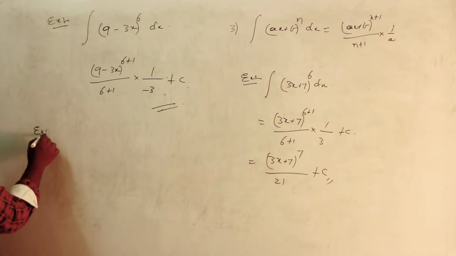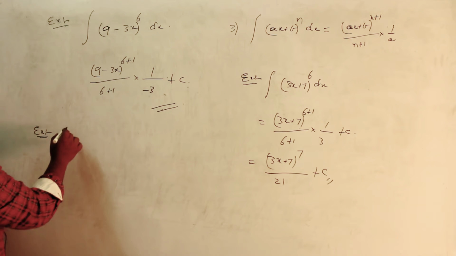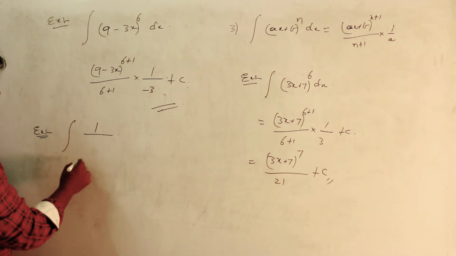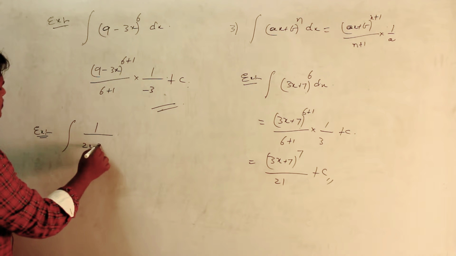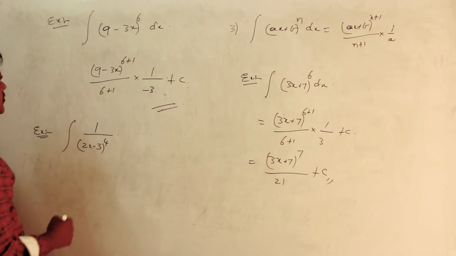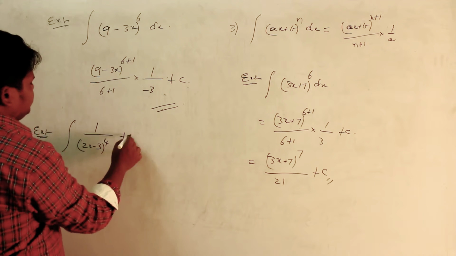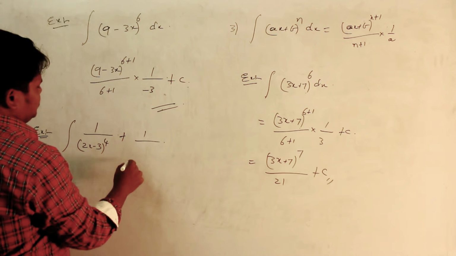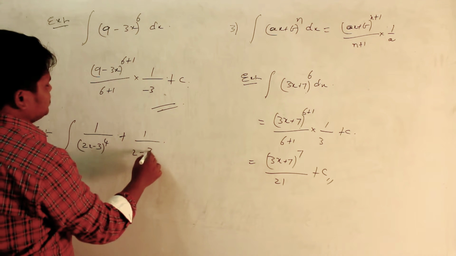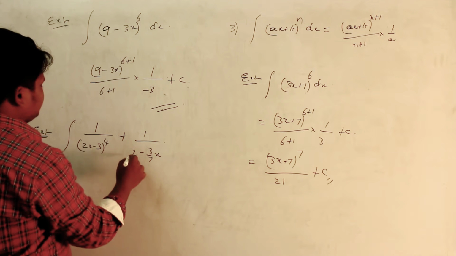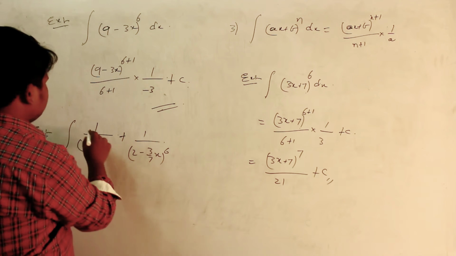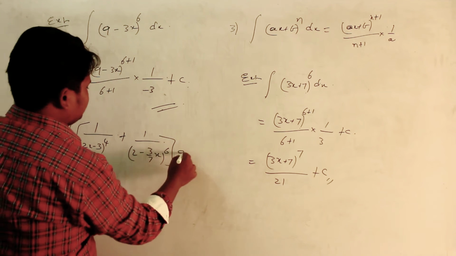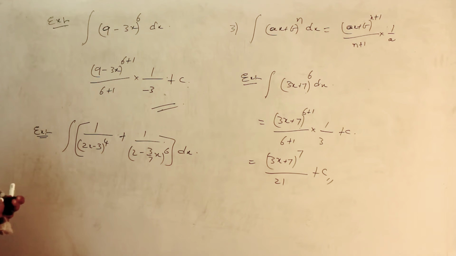Let us see one more example. Integration of 1 by 2x minus 3 whole power 4 plus 1 by 2 minus 3 by 7x whole power 6 dx. Then how can I write this condition?